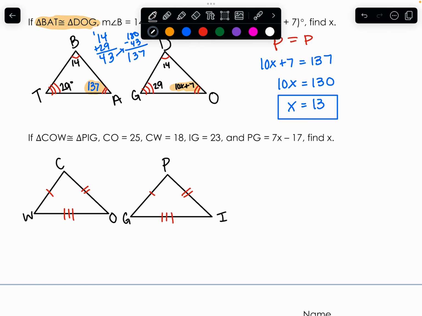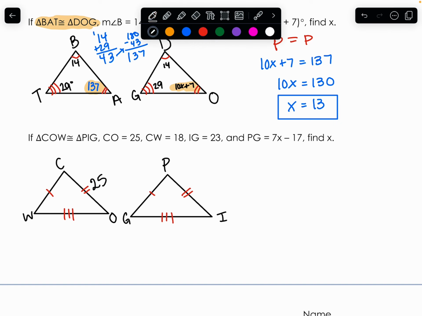So all these numbers again are on the outside. So C-O, C-W, I-G, and it is just asking for x, and x is right here.